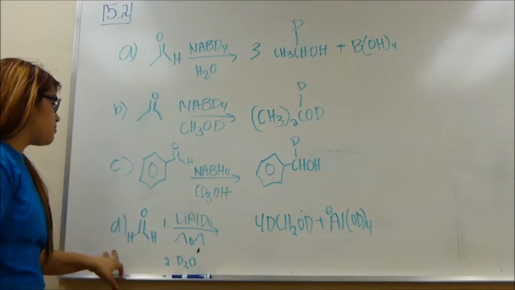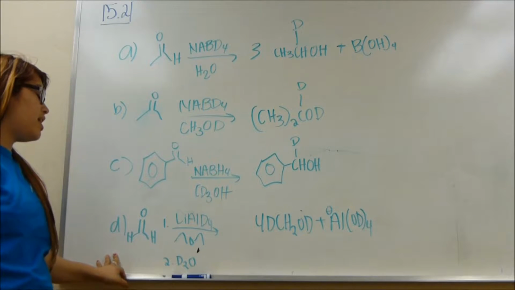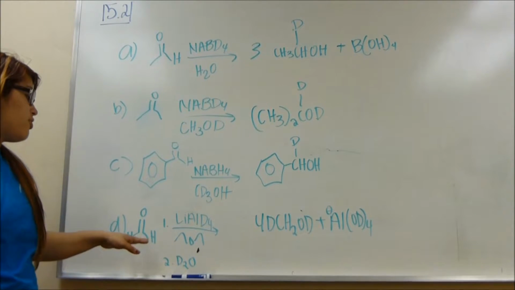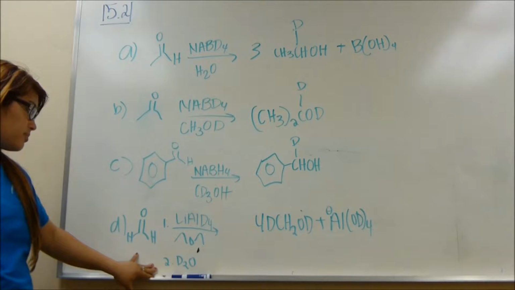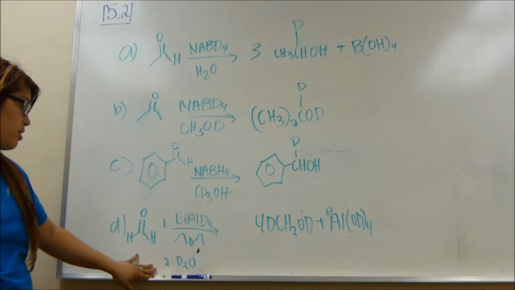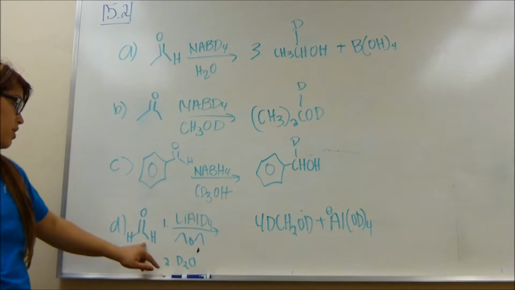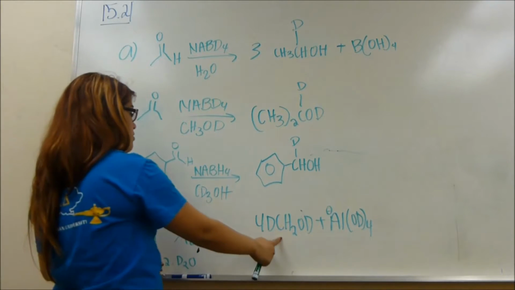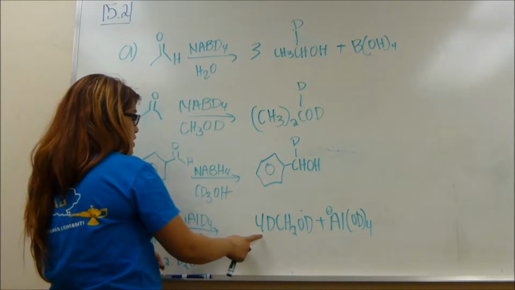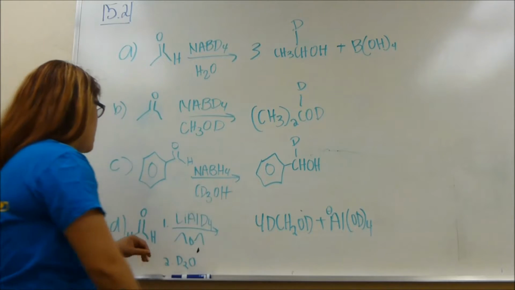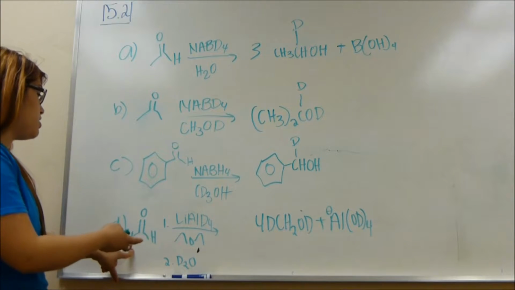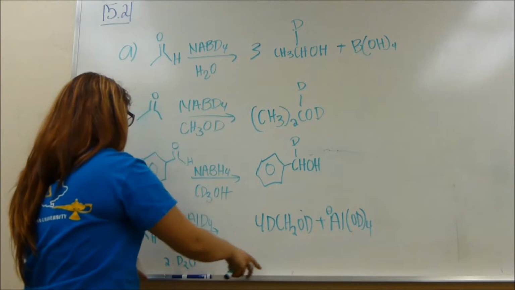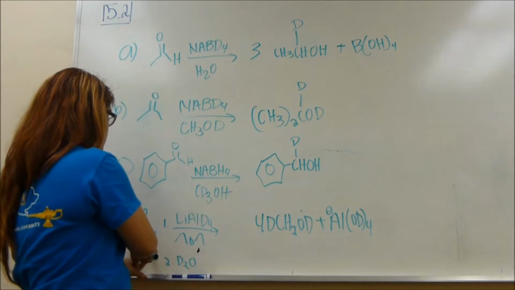Down here, you have LiAlD4 with diethyl ether, and then the second step is going to be D2O. For this one, you have one carbon right here, which is a CH2, and then this is a 4, so you're going to have the D right here where the H was, and then you're going to have the OD on this one.